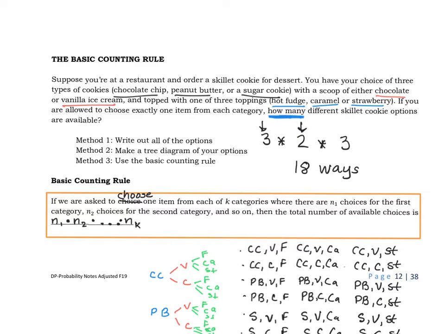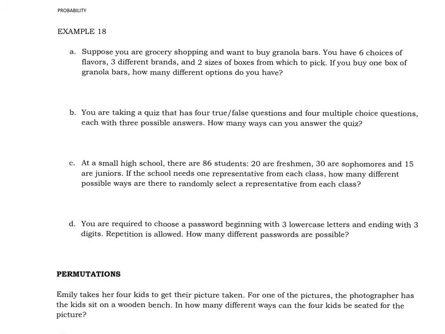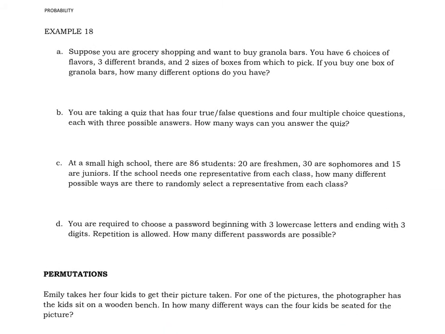So let's look at example 18. Suppose you are grocery shopping and want to buy granola bars. You have 6 choices of flavors, 3 different brands, and 2 sizes of boxes from which to pick. If you want to buy 1 box of granola bars, how many different options do you have?